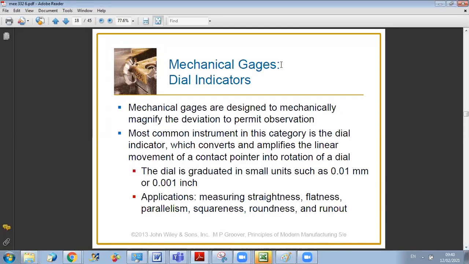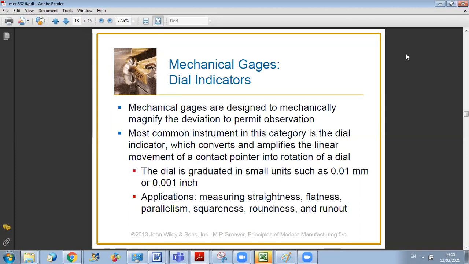Now, what about mechanical gauges? Mechanical gauges are designed to mechanically magnify the deviation to permit observation. So you know that sometimes if I want to measure to a very accurate level, I need to have a magnification scale to be able to see this.